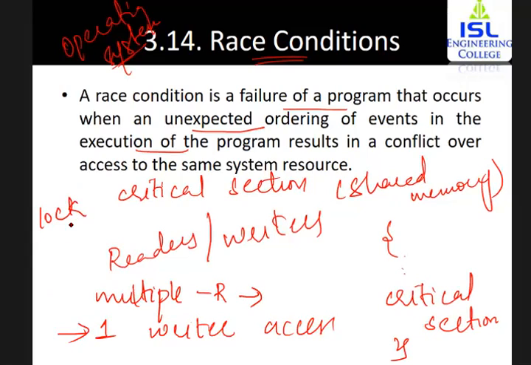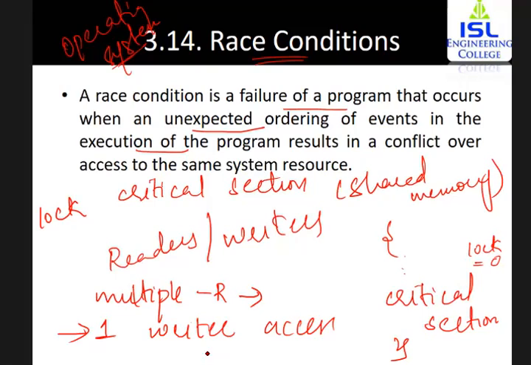Mutex locks, the mutual exclusion principle, where whenever one writer is accessing the critical section, he is going to put a lock so that no other person is going to access. When he comes out of the critical section, this lock will be changed to 0, that is, any other person can enter. So you need to also focus upon race conditions whenever you're designing the software.